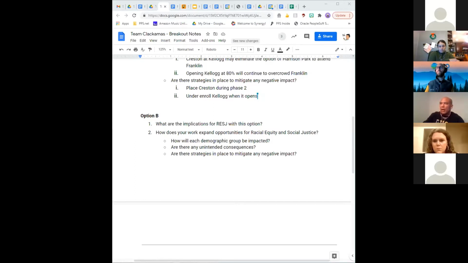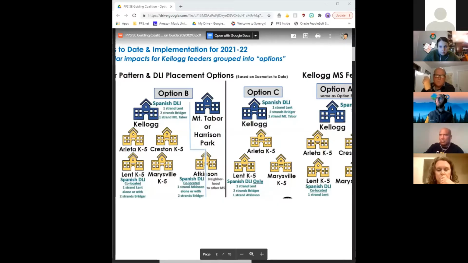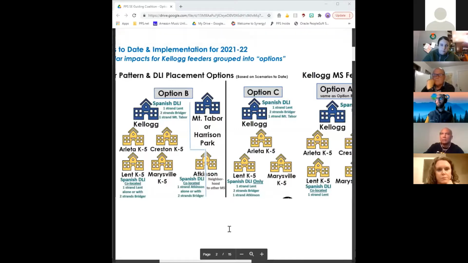I think we all have it. It's not on the screen. Is there anyone who doesn't have the visual of B? Which visual are we talking about? The one with the little schoolhouses? Yes, with the schoolhouses.